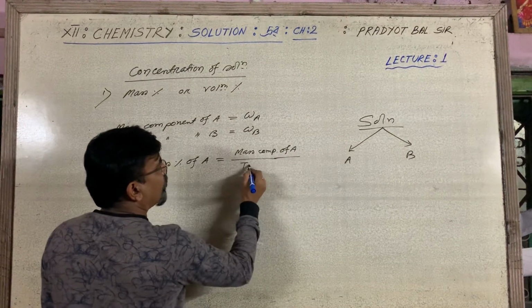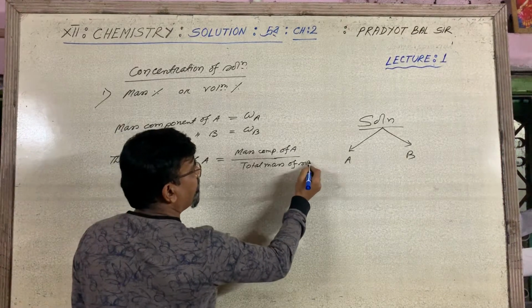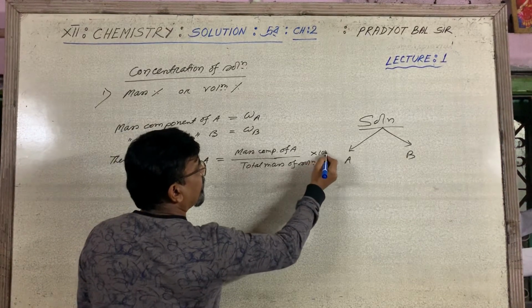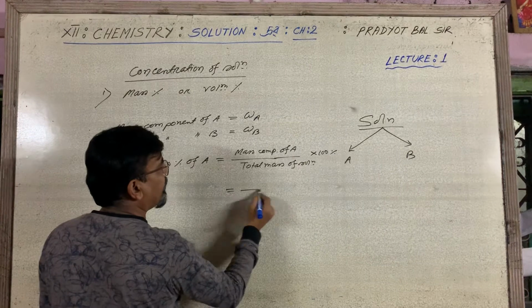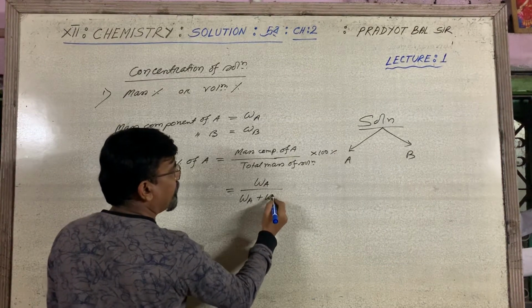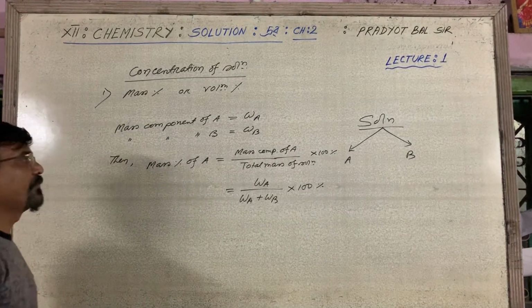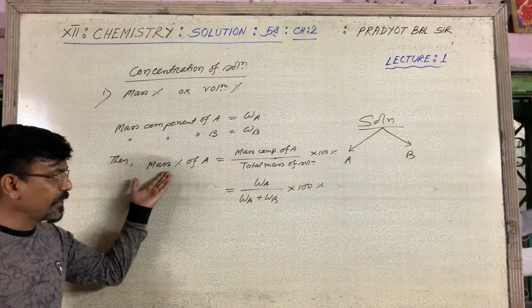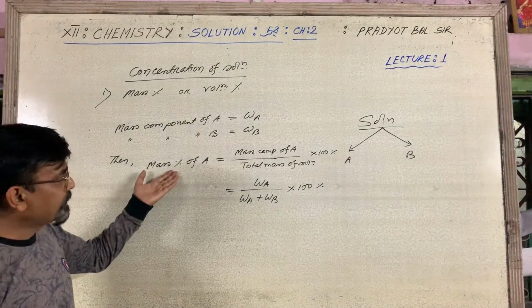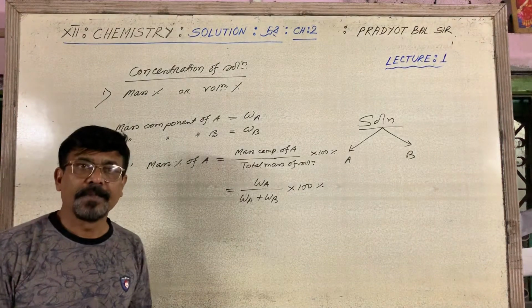by total mass of solution into 100%, or you can write WA plus WB into 100%. This is mass percentage of A. If it is mass percentage of B, then there will be WB, and rest are same.